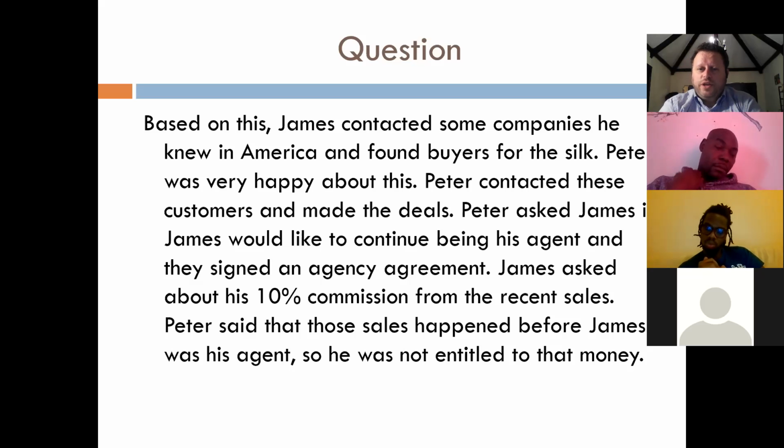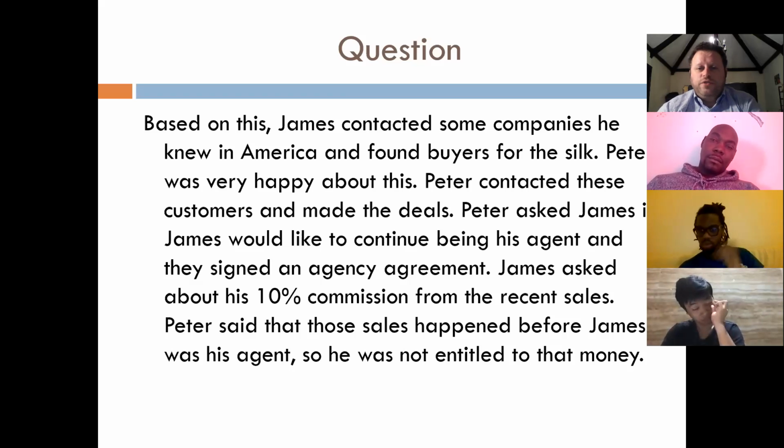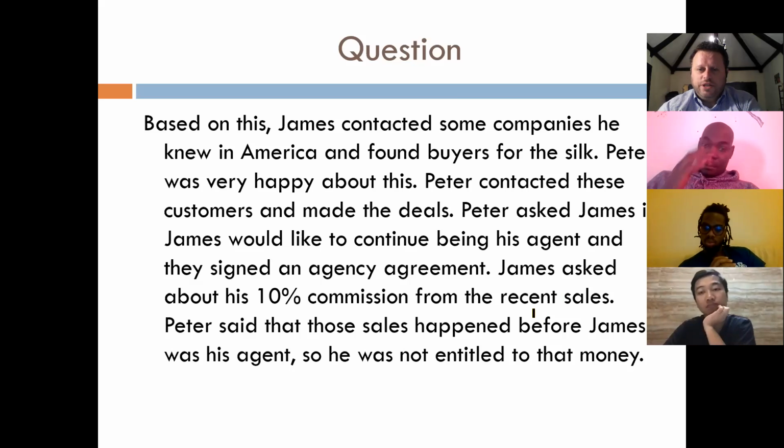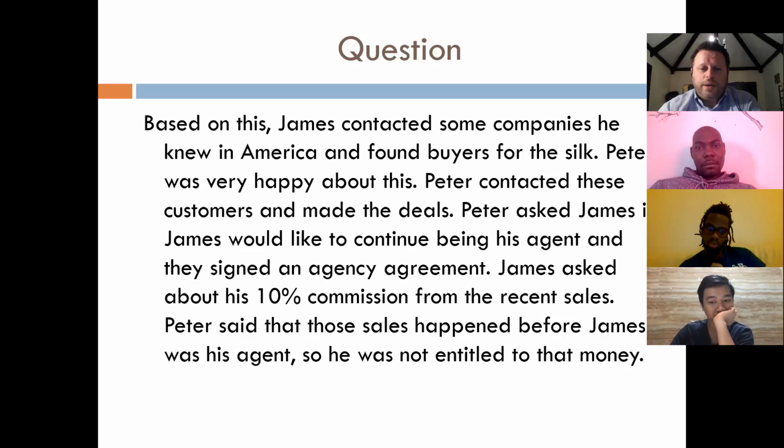Peter was very happy about this. Peter contacted these customers and made the deals. Peter asked James if James would like to continue being his agent, and they signed an agency agreement. James asked about his 10% commission from the recent sales. Peter says those sales happened before James was his agent, so he was not entitled to that money.